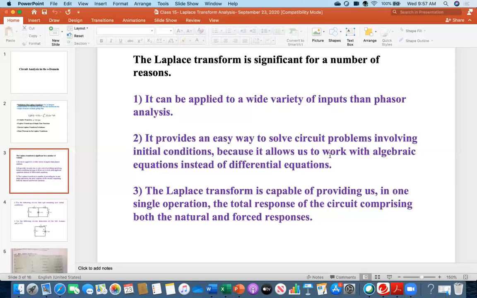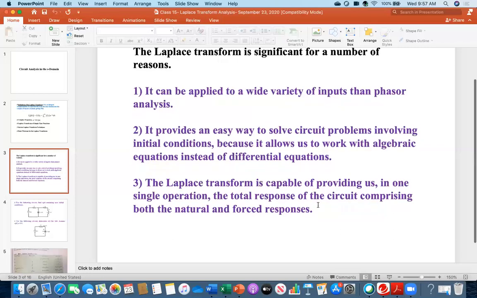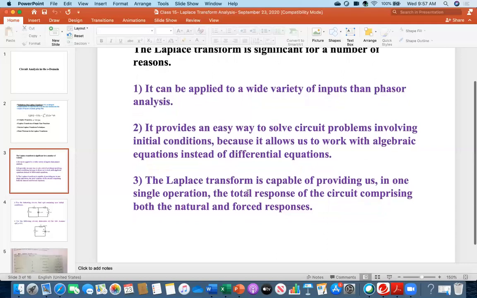And then the third point I have written: the Laplace transform is capable of providing us, in one single operation, the total response of the circuit, comprising both the natural and forced response. Natural means transient response and forced response means steady state response. If you remember chapter 8, RLC transient, it was a very long calculation.